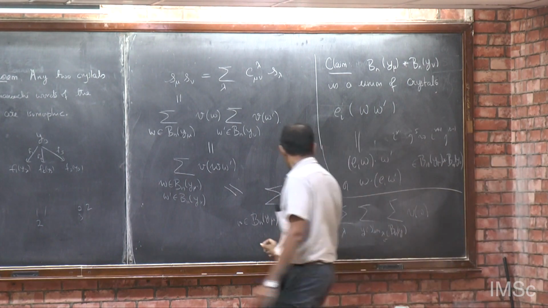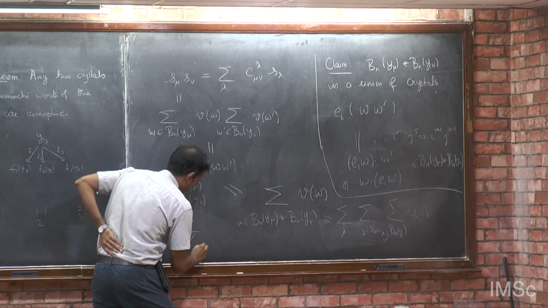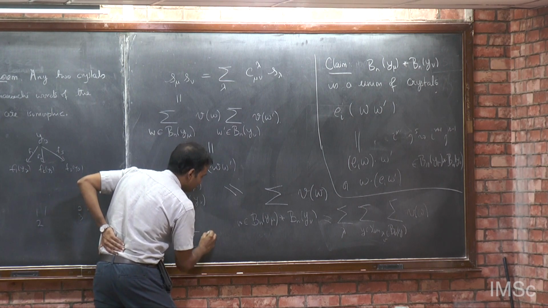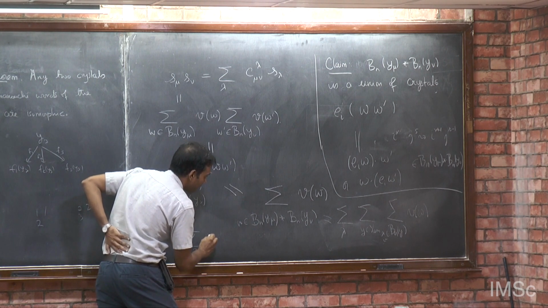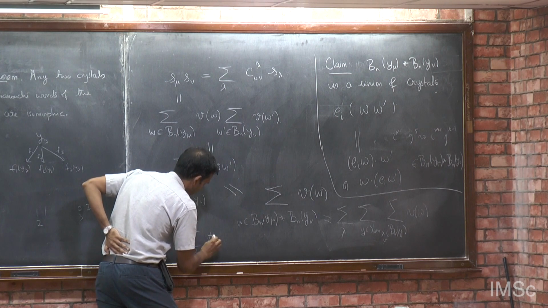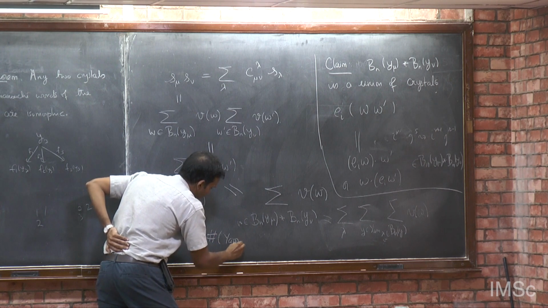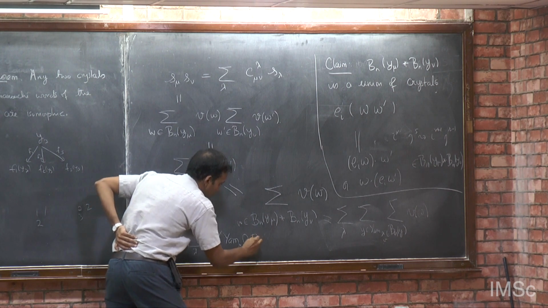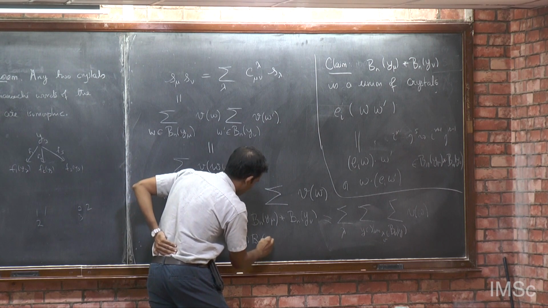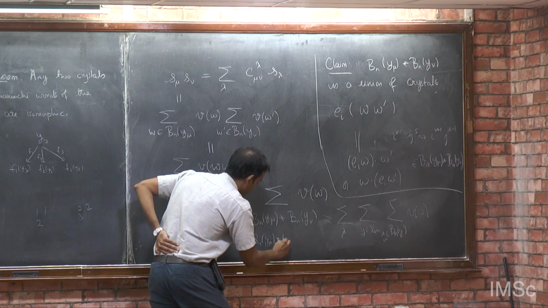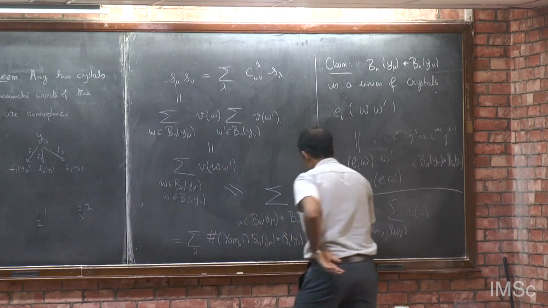So what we get is the sum over lambda, then we have the number of Yamanouchi words of shape lambda. So I'll just say the cardinality of Yam lambda intersect B_n(y mu) star B_n(y nu), times S lambda.